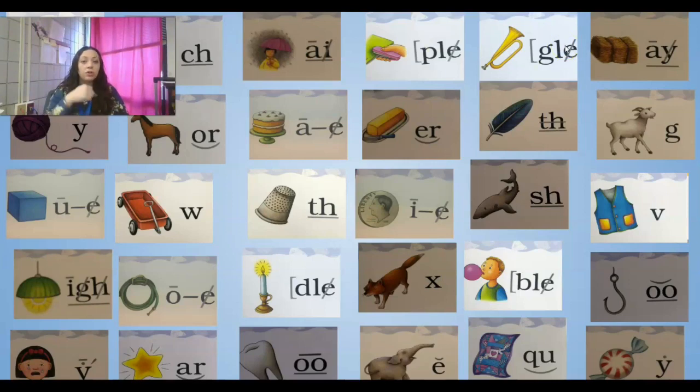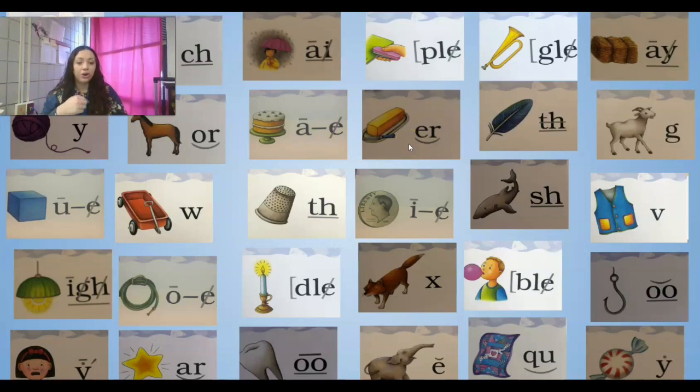Bugle, ghoul. Final syllable GLE. Hay, A. Digraph AY, very good. Yarn, Y. Y. Horse, or. Combination OR. Cake, A. A consonant E, very good.